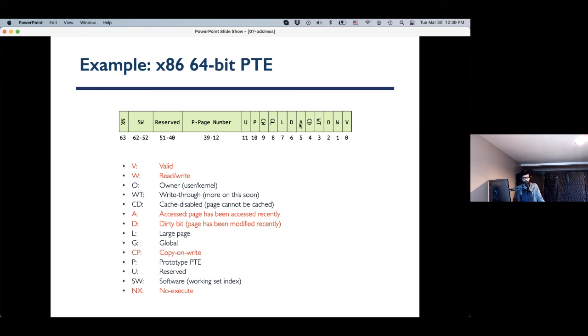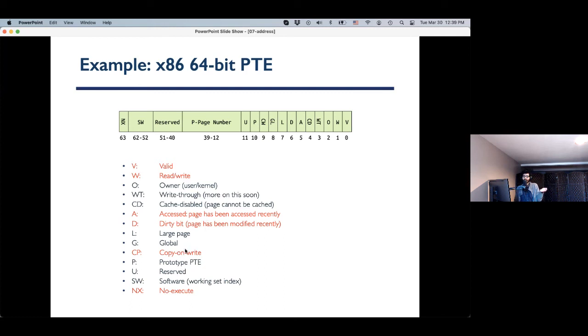Now, here comes the accessed bit. This A bit here is the accessed bit. Every time you access a page, you sort of want to know that this page was accessed. You will soon realize that it's super expensive to keep track of all the accesses.